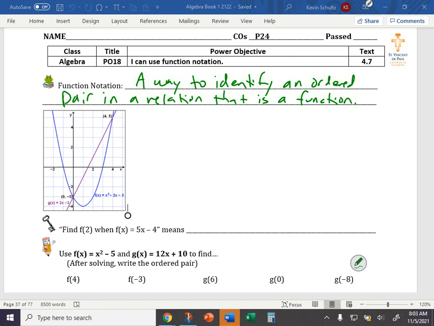So if you're using function notation, it's already a given that the relation you're dealing with is a function. It kind of tells you that up front.